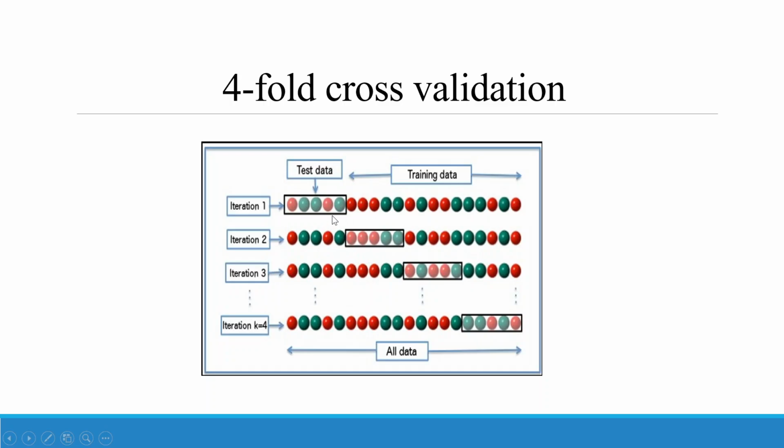In this part, this is the testing data and the rest is training data. In the second iteration, this becomes the testing data and the remaining are the training data. In the third iteration, this becomes the testing data and the others become the training. This is known as four-fold cross validation.